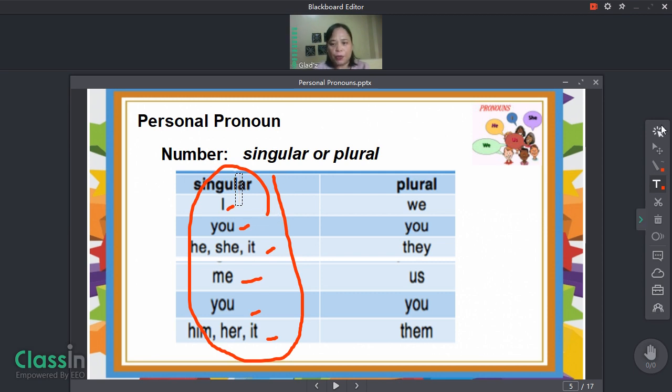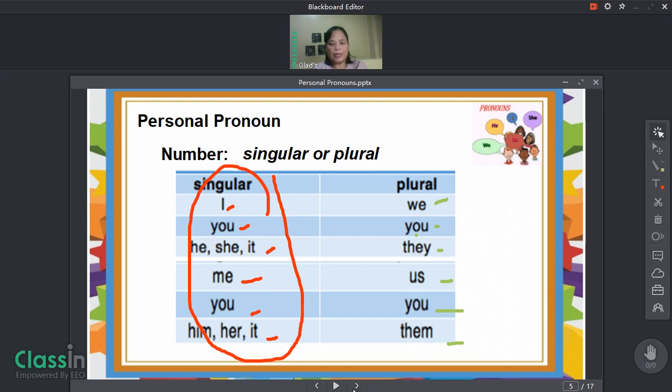For this second column, we have the we, the you, the they, the us, the you, and then them. They are referring to two or more than two things, persons, or events. So they are what we call the plural personal pronouns.